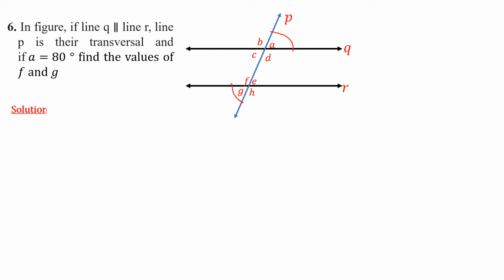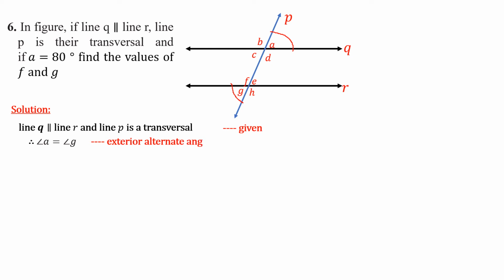Therefore, they are congruent. Line Q parallel line R and line P is the transversal, given. Therefore, angle A is equal to angle G. Exterior alternate angles. But angle A is equal to 80 degree. This is given. Therefore, angle G is equal to 80 degree.